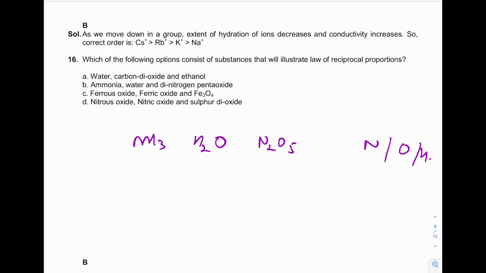And in every compound there should be only two elements. In ethanol there are three elements, so this reciprocal proportion can't be applied.